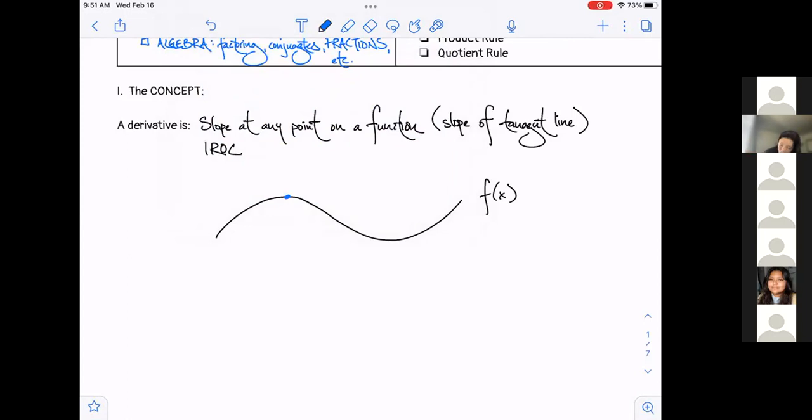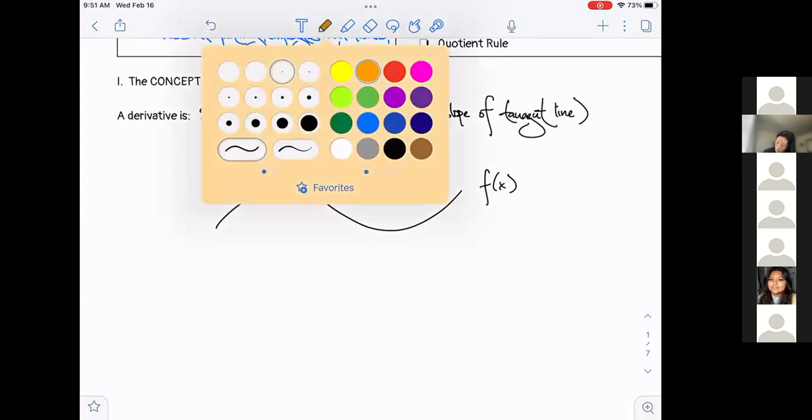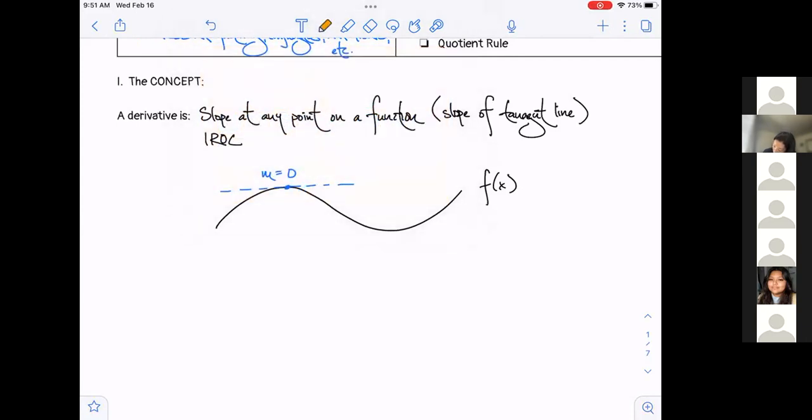Yeah, slope at that point is indeed 0. All right, so slope equals 0. Okay. What about this point? How would you describe the slope of that orange point to me?